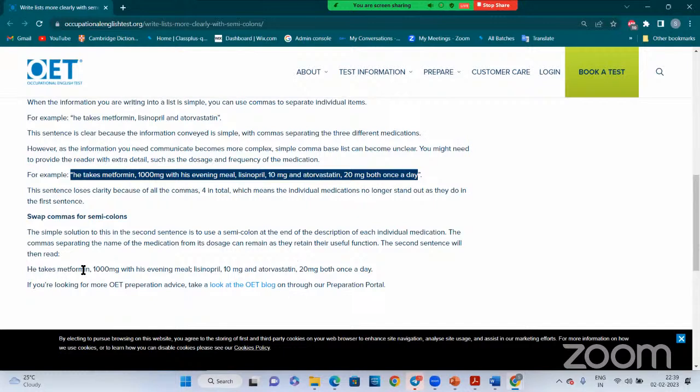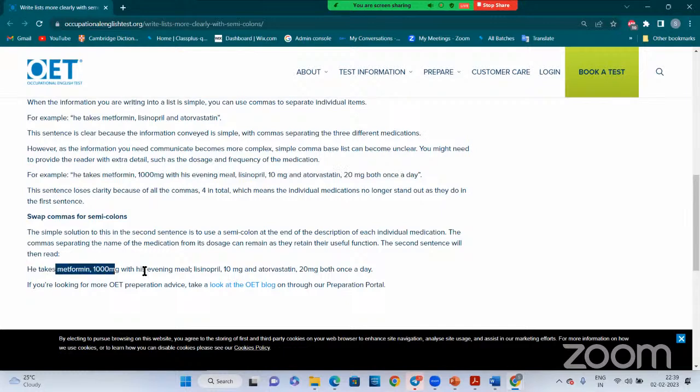He takes metformin 1000 mg with his evening meal; because there is one comma here and one comma here, too many commas. This is metformin related information. This is lisinopril and atorvastatin related information, both together.